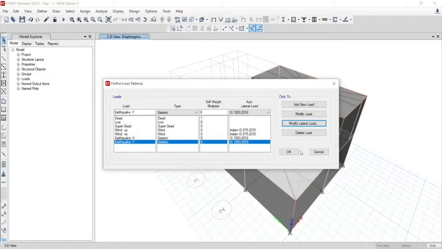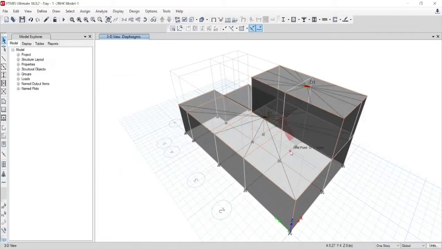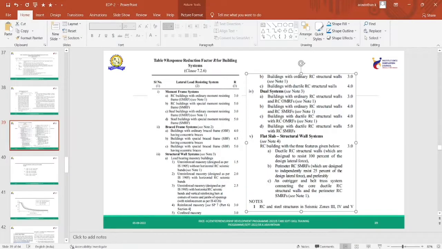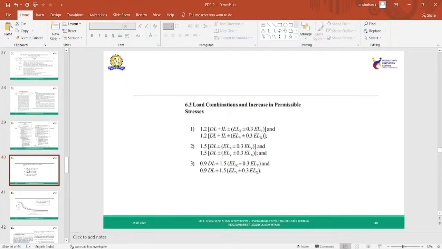Now, here, this is what we are doing. The code suggests load combinations and an increase in permissible stresses. Whatever we have considered as dead load and super dead load, both are dead load.